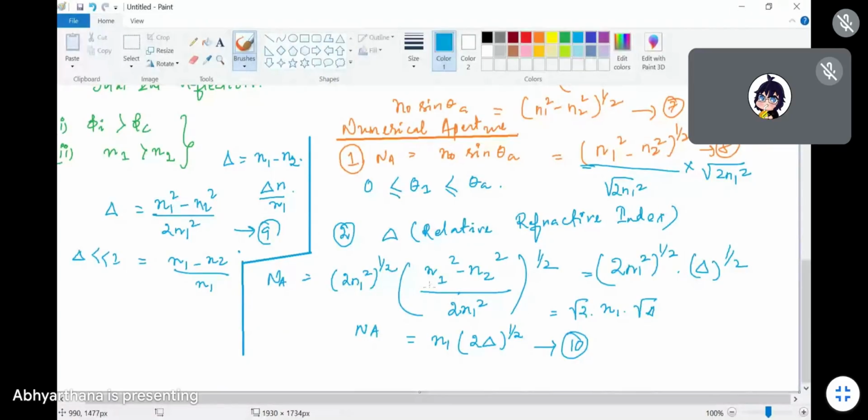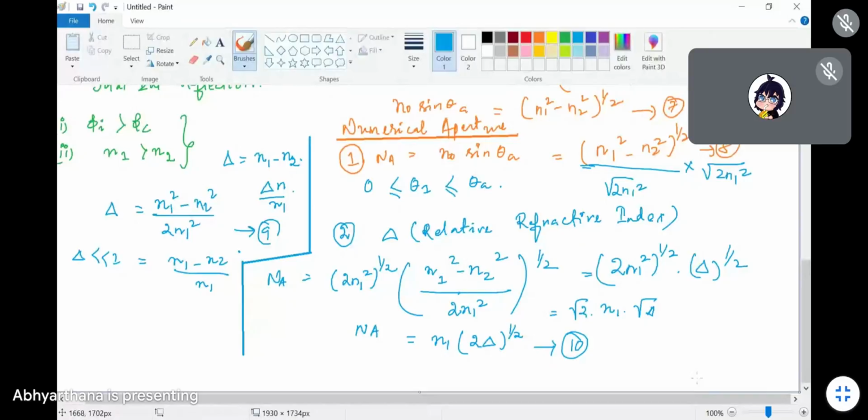Inside this, now this has become your delta function, and simplified further, the n1 square root over is nothing but your n1. This is your root 2, this is your root delta. So in the most simplified manner, you can write it as n1 root over 2 delta.